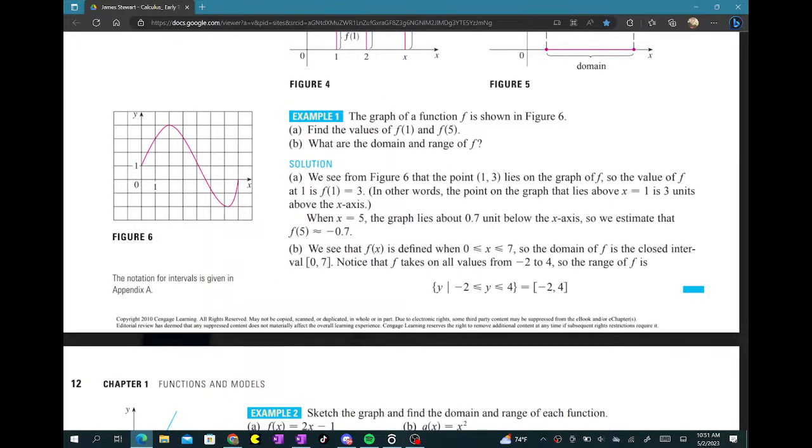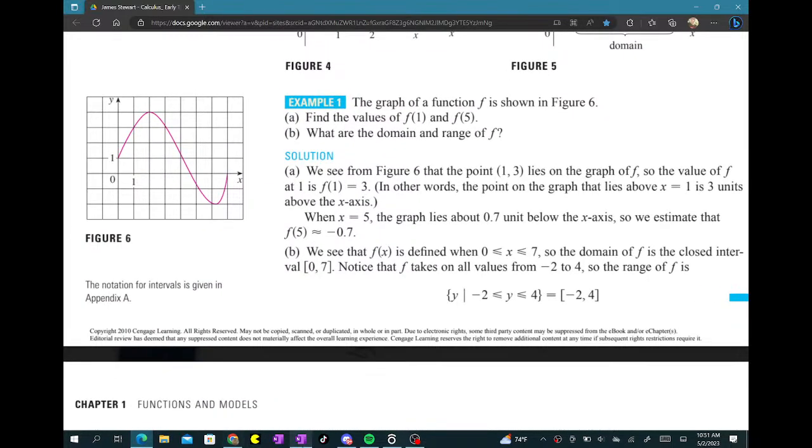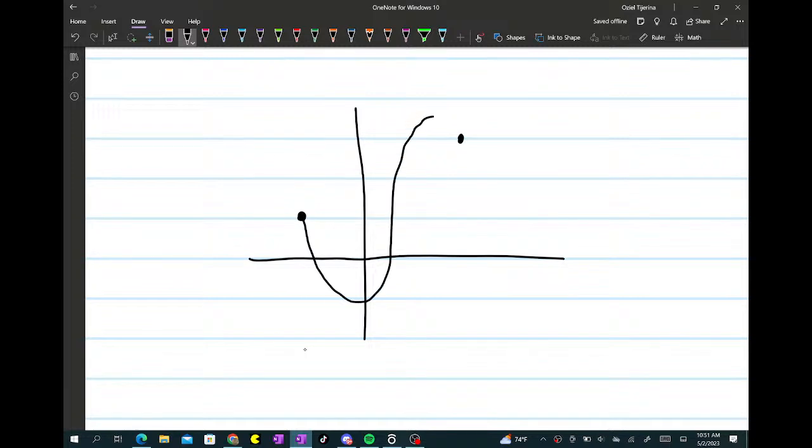And the last part they say is just basic interval notation. If I have a curve, let's do a curve from here to here, and let's say here's a point 6 comma 7, and here's a point negative 2 comma 4.